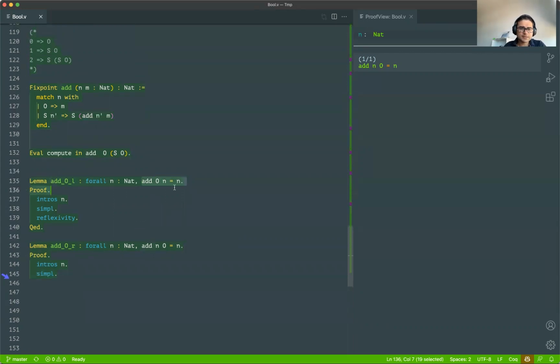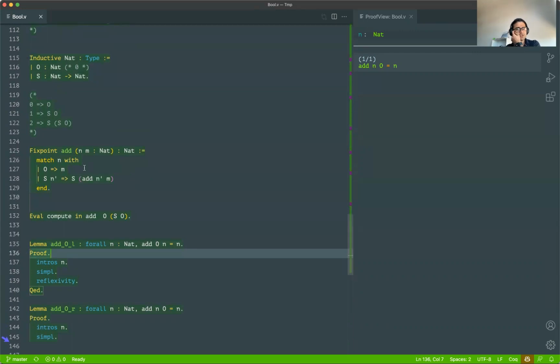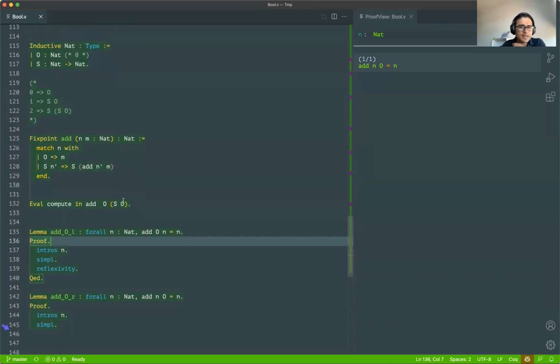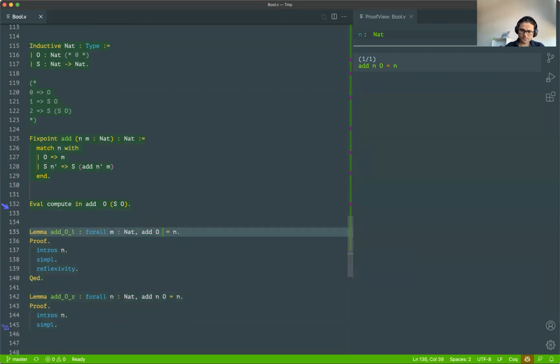In this case, if you look at the function definition, it's decreasing on the first argument. So let me rename this. And then we can see what's going on.